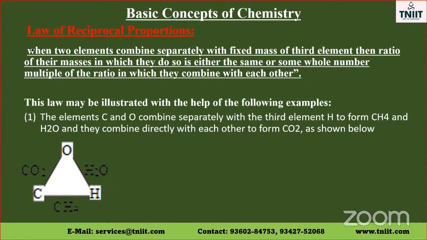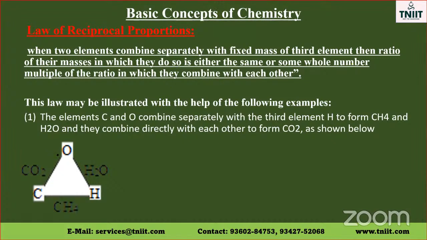The law says, when two elements combine separately with a fixed mass of a third element, then the ratio of their masses in which they do so is either the same or some whole number multiple of the ratio in which they combine with each other. This law may be illustrated with the help of the following example.